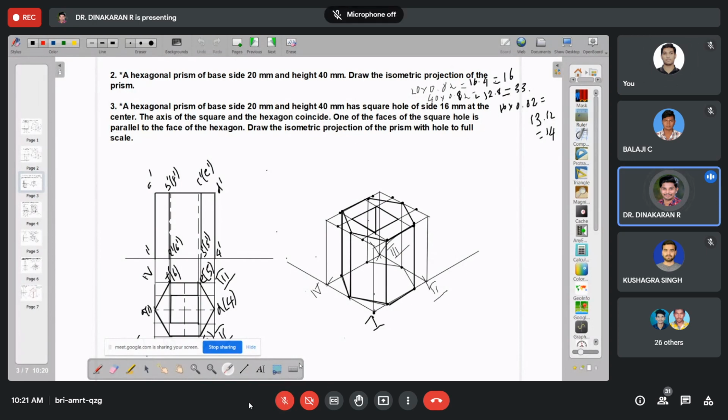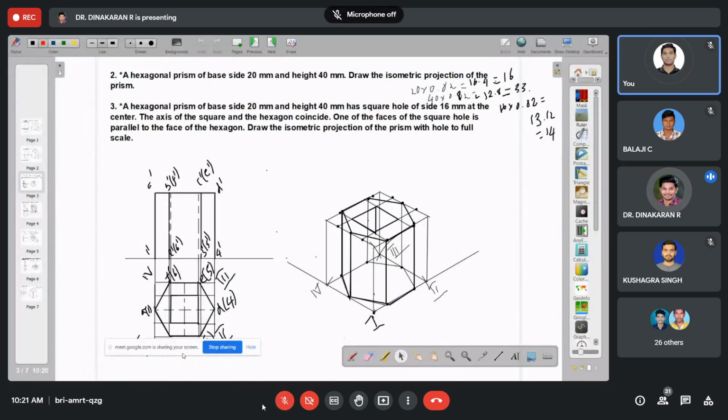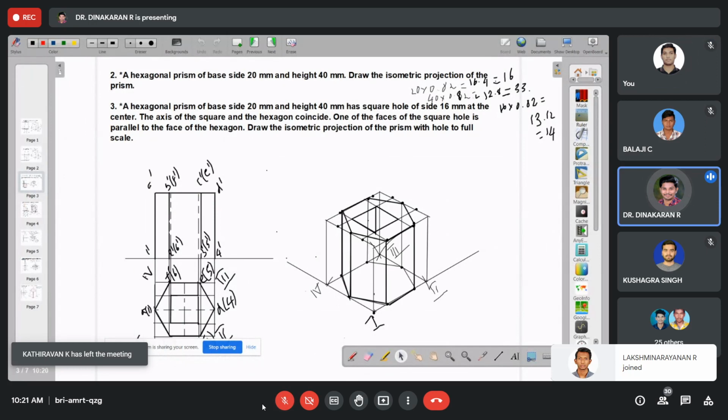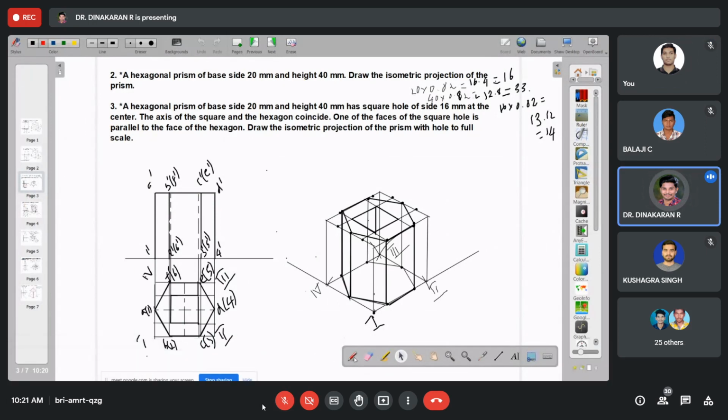This question also, is it isometric projection or isometric view? So isometric projection. Okay. So first read the question. We need to understand the question.